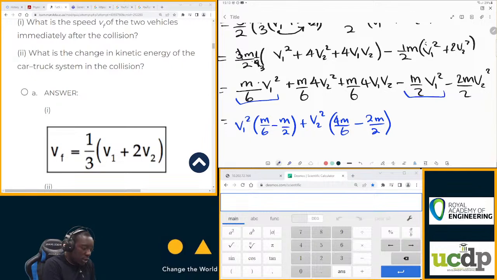Then that's the second part, then plus 4m over 6 V1 V2.